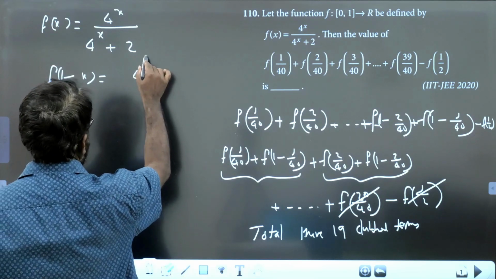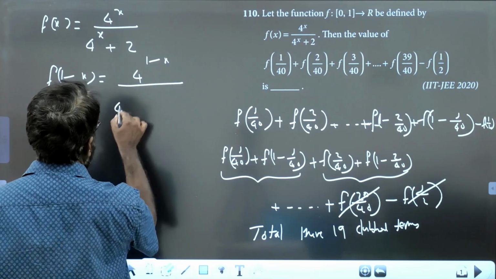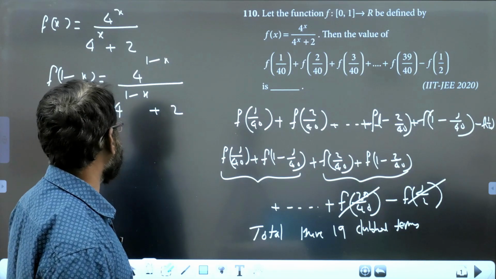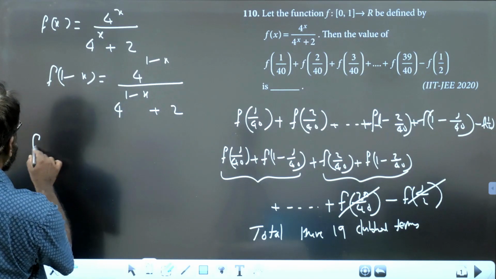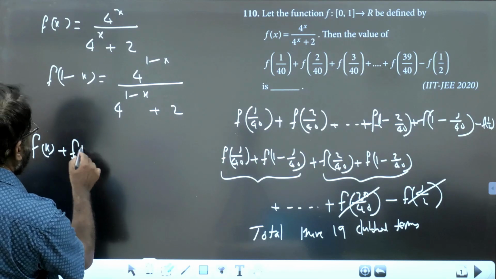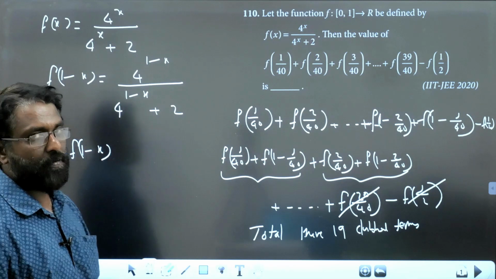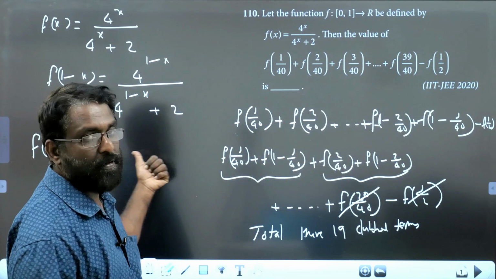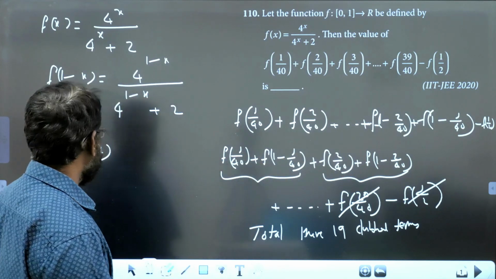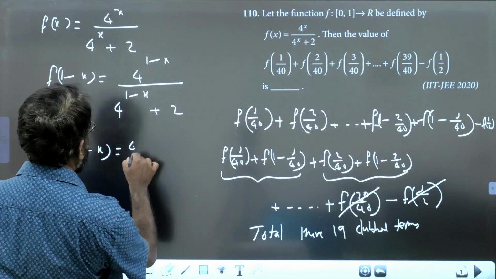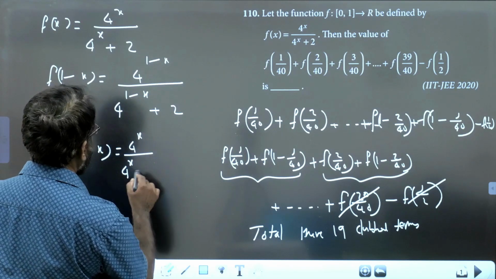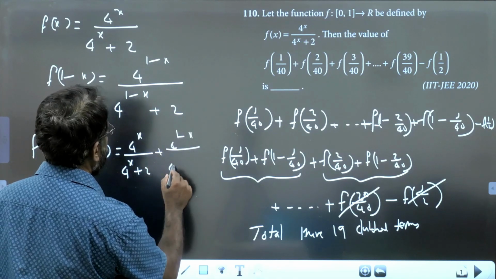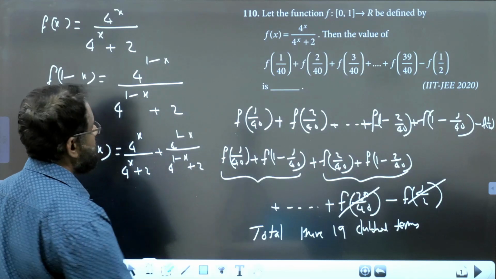That is 4^(1-x) / (4^(1-x) + 2). Then f(x) + f(1 - x) = 4^x / (4^x + 2) + 4^(1-x) / (4^(1-x) + 2).